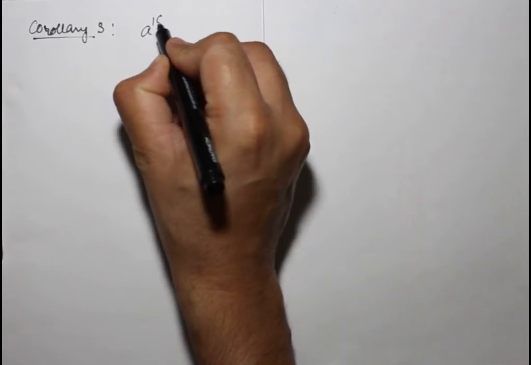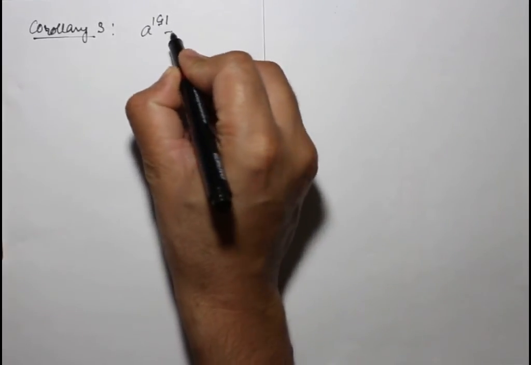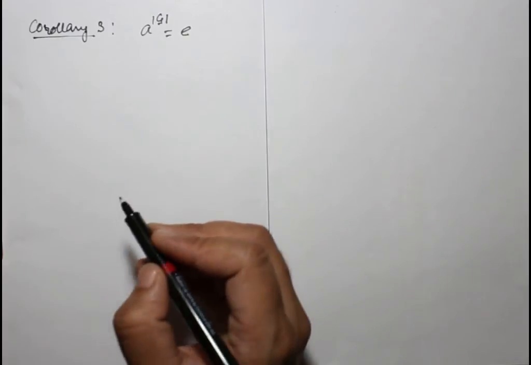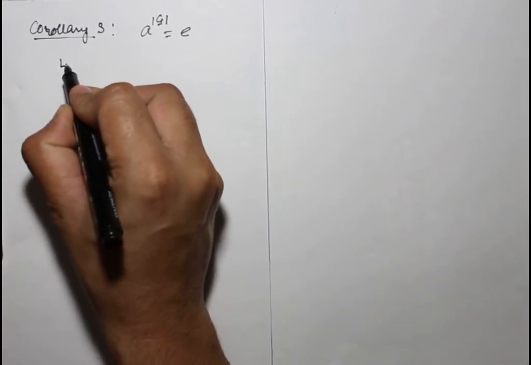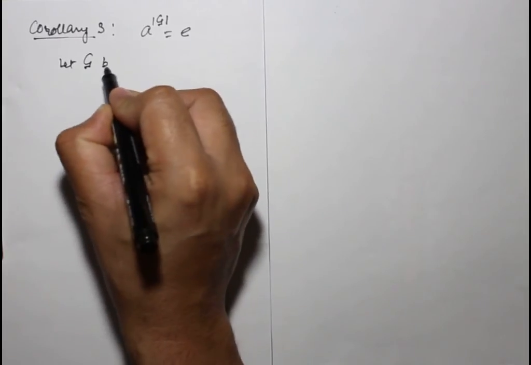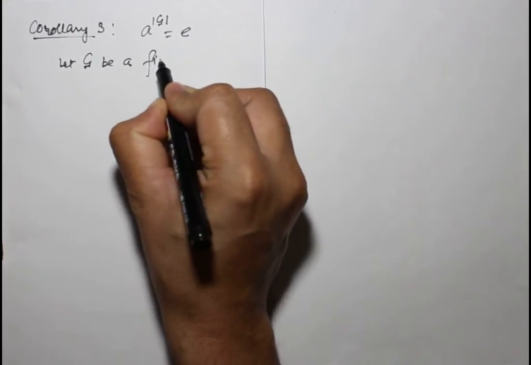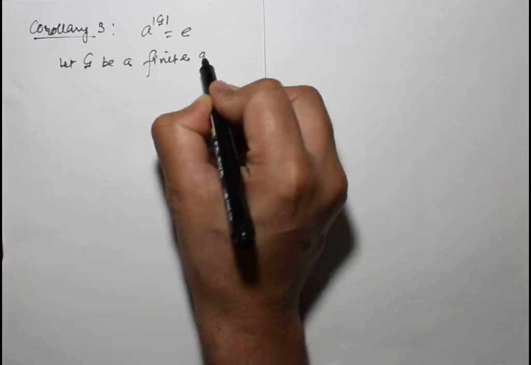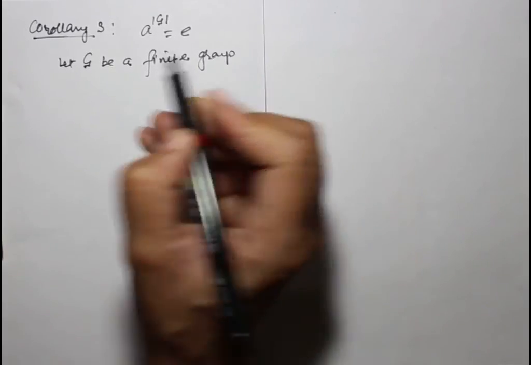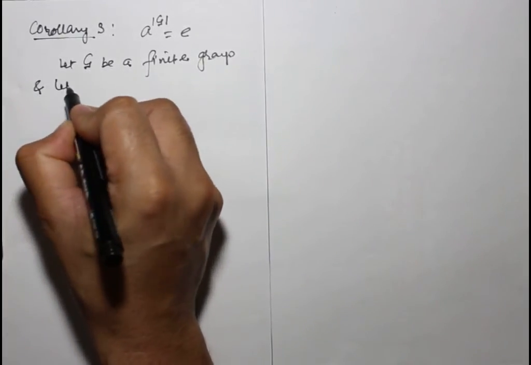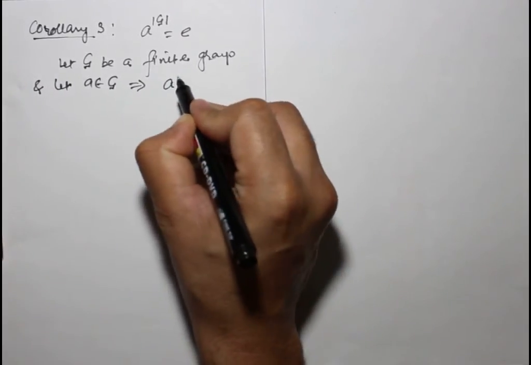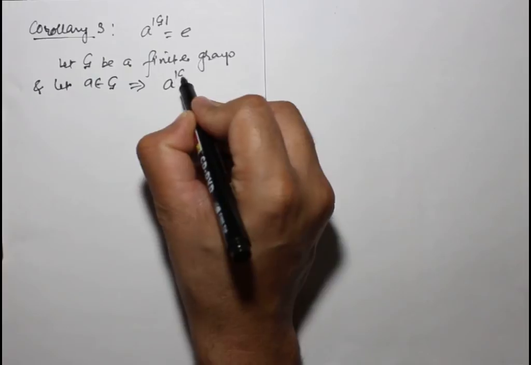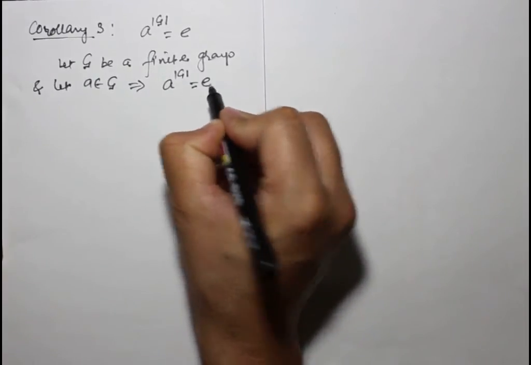Corollary 3: a to the power order of group equals to identity. Let G be a group, rather finite group, and let a belongs to G. It implies a to the power order of G must be e.